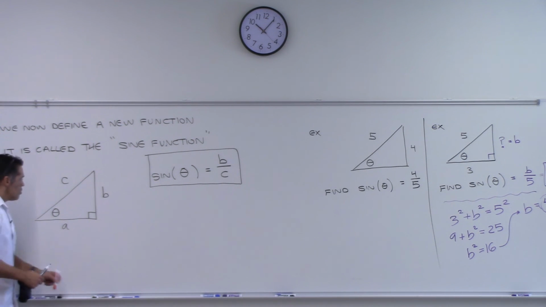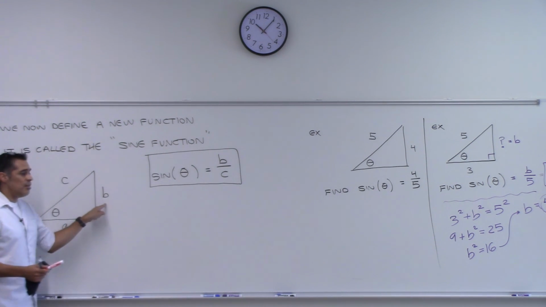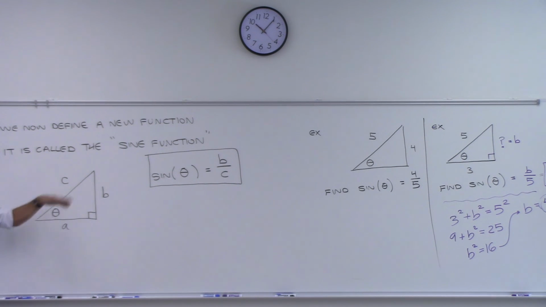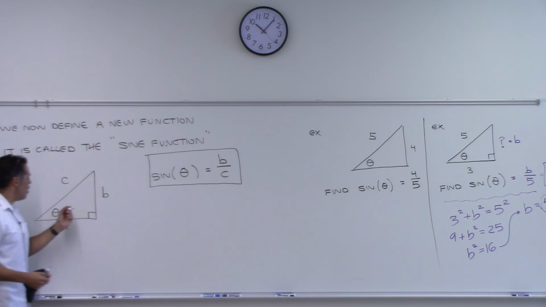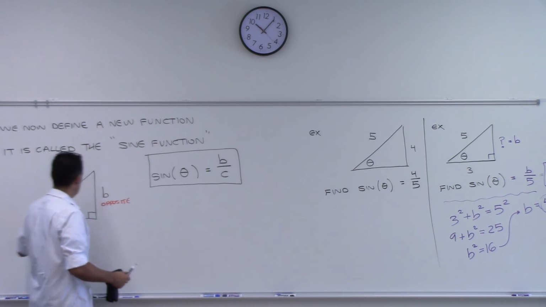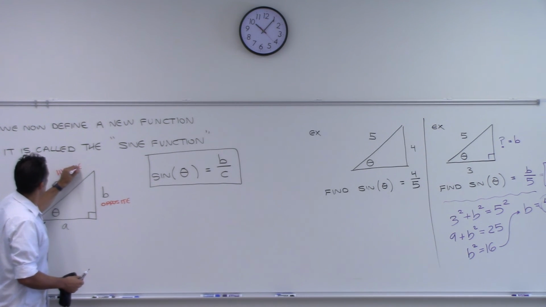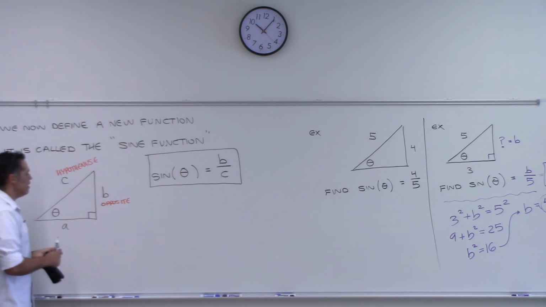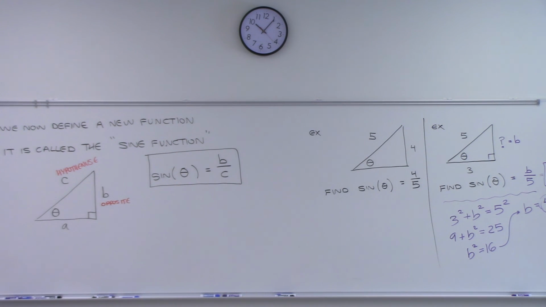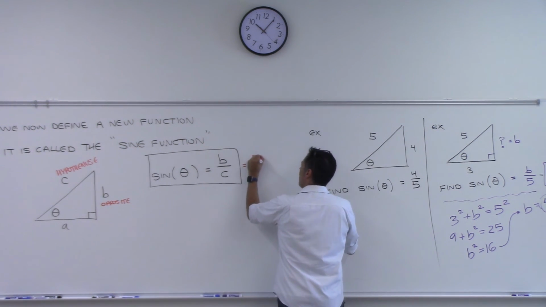So this sine definition, that's the actual definition of it. You just need to know what this side and this side are. As soon as you have them, you just create the ratio and you're done. Now, if we call this side the opposite side of the angle, and we call this side the hypotenuse, the longest side of a right triangle, then another way you could think about sine is it's the opposite divided by the hypotenuse.